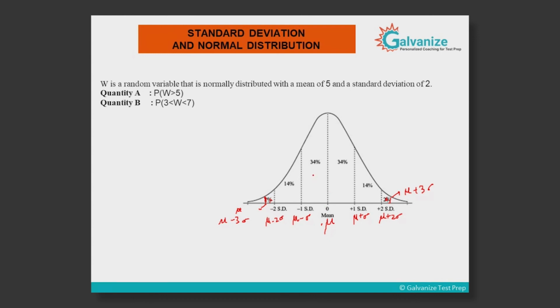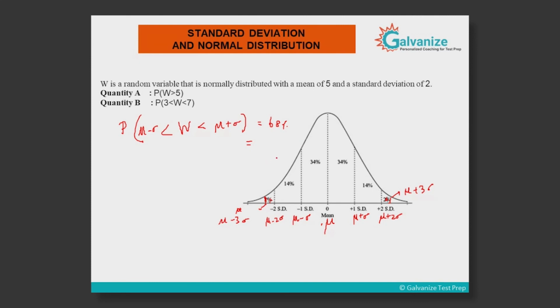So 34% of the population have a height less than the mean, and 34% of the population have a height greater than the mean, within this area, mu minus sigma to mu plus sigma. So putting it as a probability distribution, P of W, a random variable, between mu minus sigma and mu plus sigma, is 34 plus 34, 68% of the population.